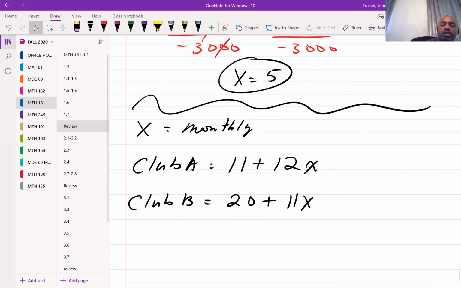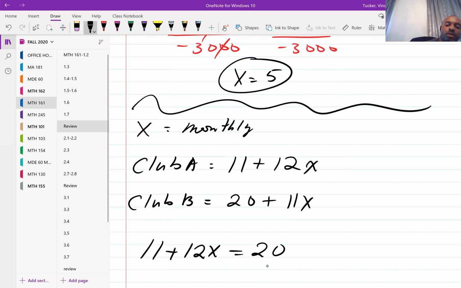All right. So now this one says, after how many months will the total cost of each health club be the same? So the key word here is the same. So setting up this equation, I want to know when these two expressions, Club A and Club B, will be equal to each other.